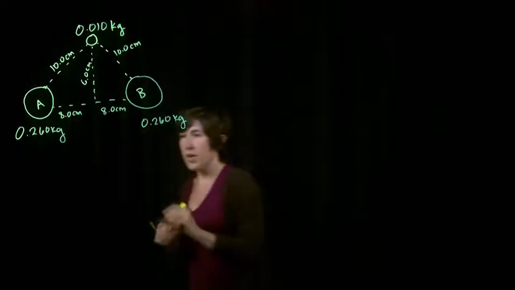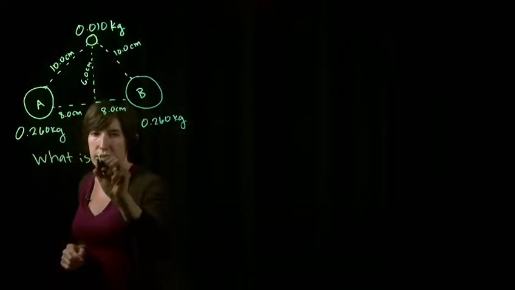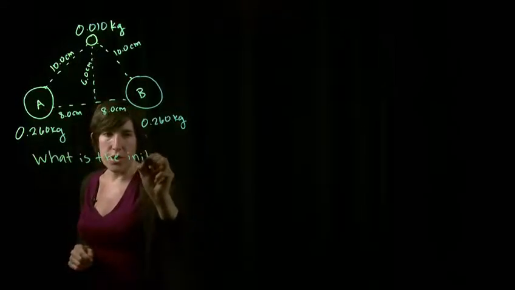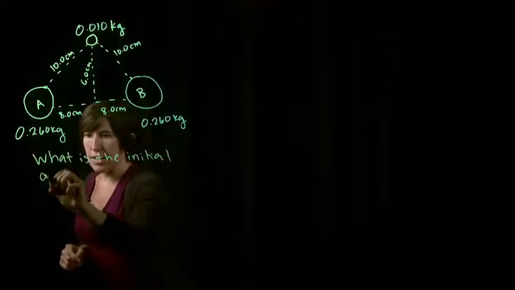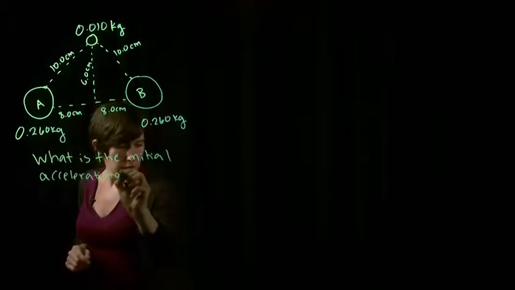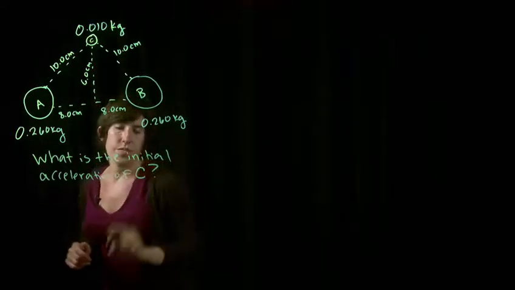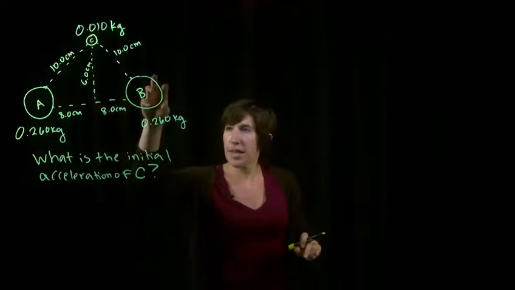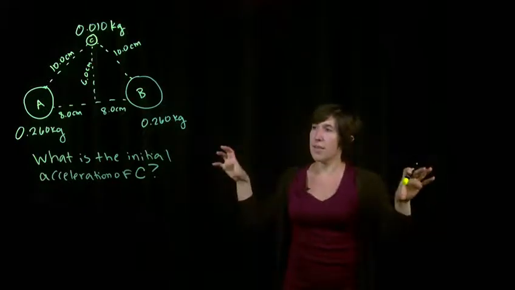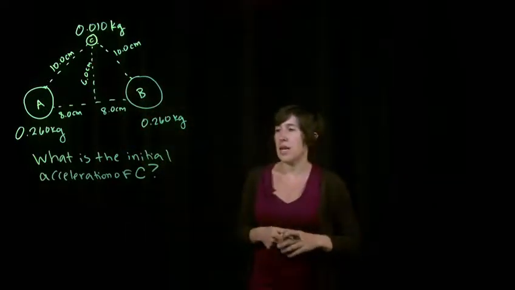So again, what is the initial acceleration of, we'll call it C, where again A and B, the spheres at locations A and B, are just held in place, so they aren't going to move. We just have C that's going to be pulled to them by the force of gravity.